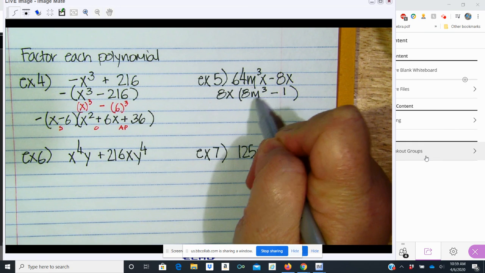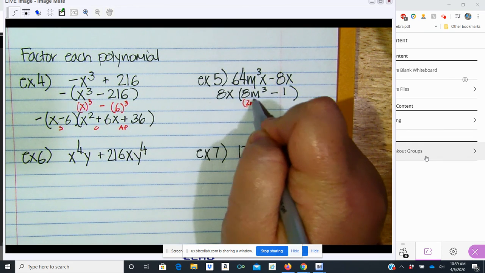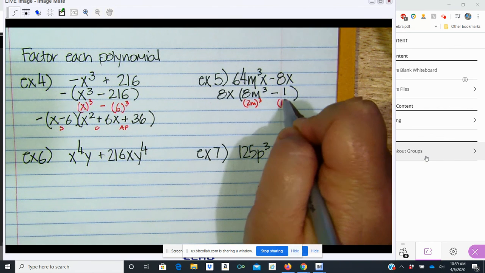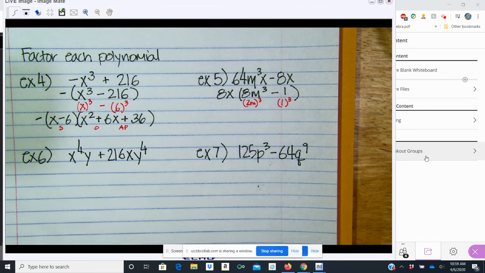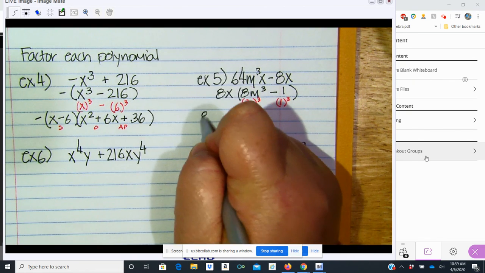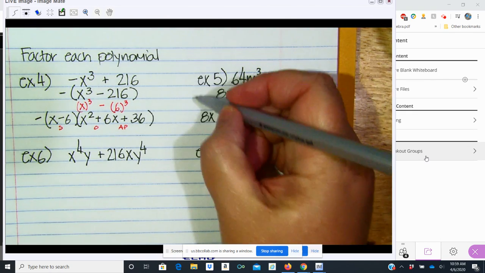M cubed is a cube, so this is going to be 2m cubed. 1 is a cube, 1 cubed. Eight x comes out front.